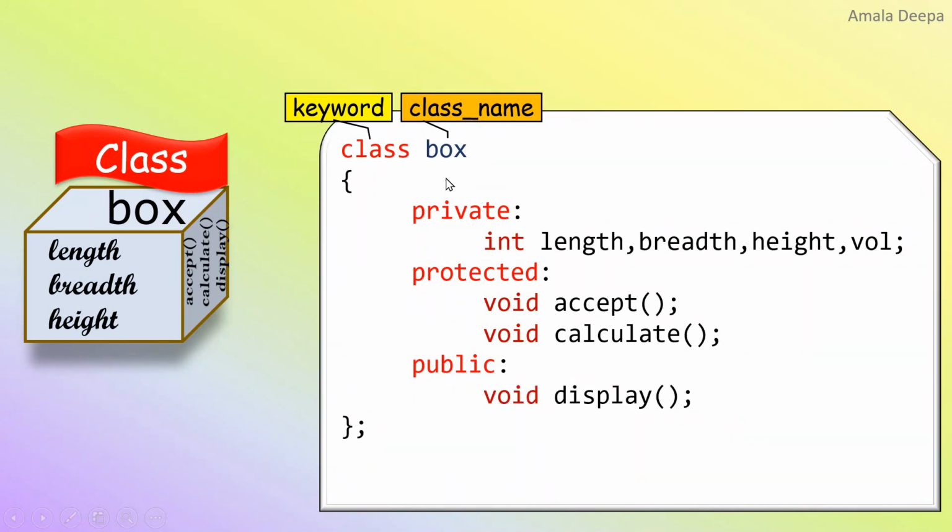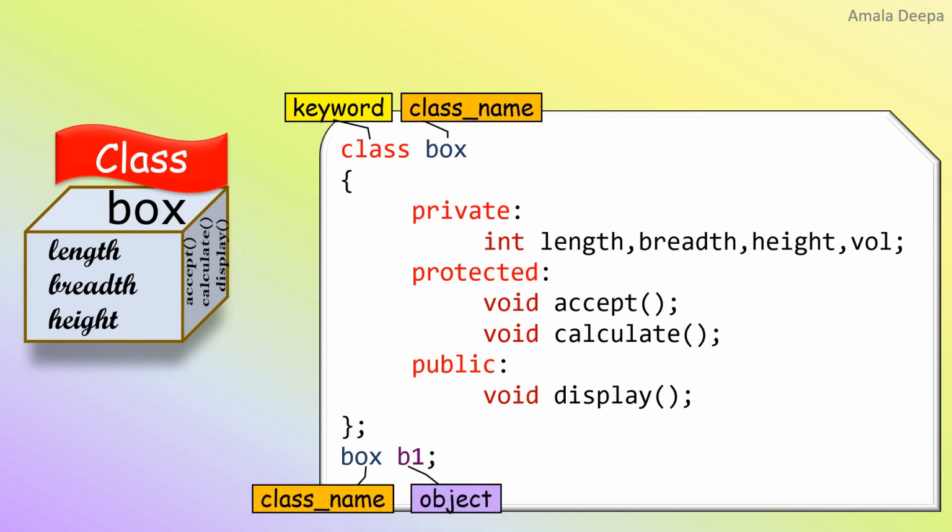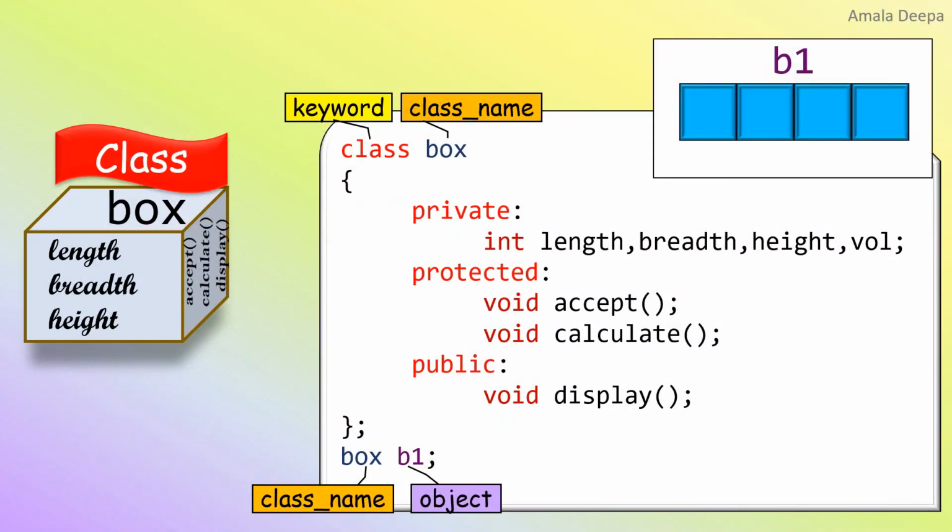Now, box is a user-defined data type. I can create objects from this class box by writing box b1 semicolon. Here box is the class name and b1 is the object. What will be the memory allocation for object b1? For each object, memory is allocated only for the data members of the class.